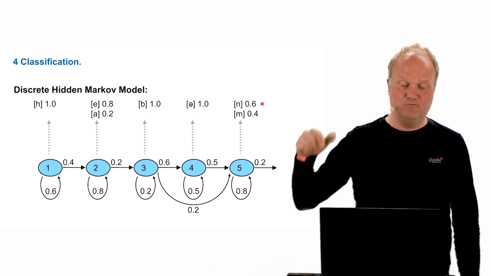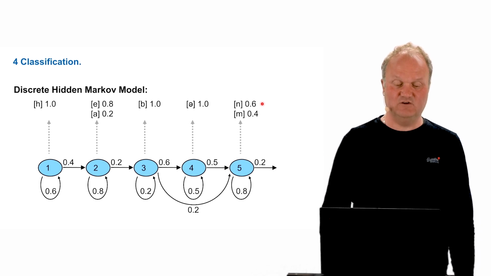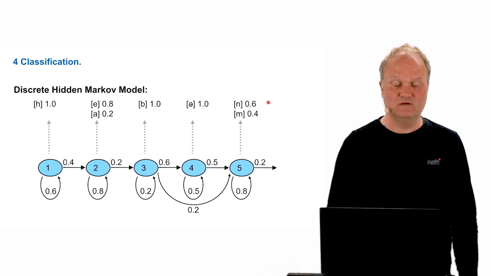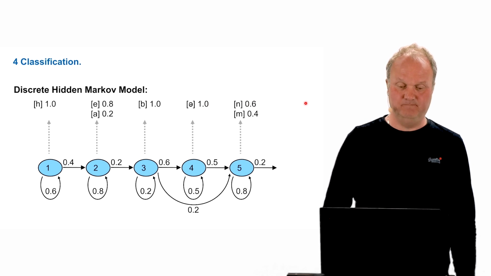And all this product of different probabilities generates the overall probability that this pre-trained hidden Markov model has produced the sequence of symbols heben, corresponding to lift.